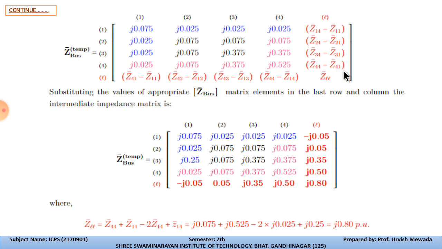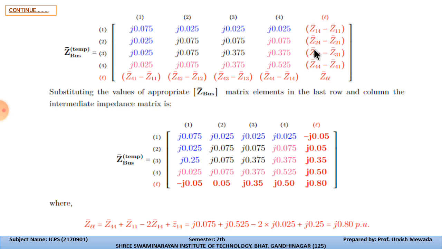This is for link number 1, meaning node number 1. This is 1, 2, 3, 4 for the branches, and this is the link which is added, number 4. This is how we can write the equation for Zbus for the new link which is added in the circuit.